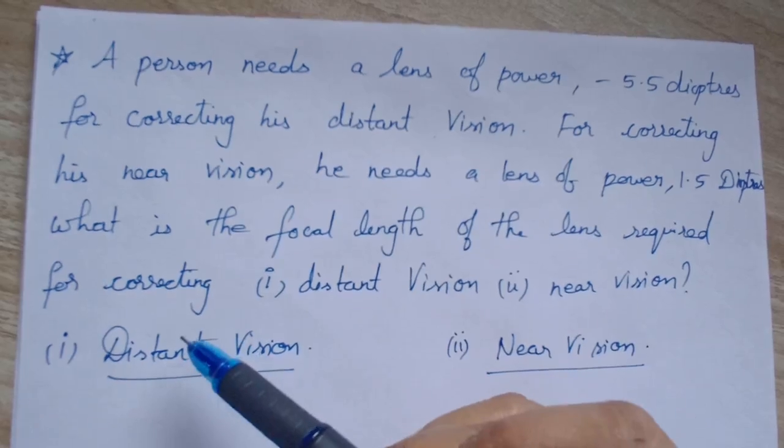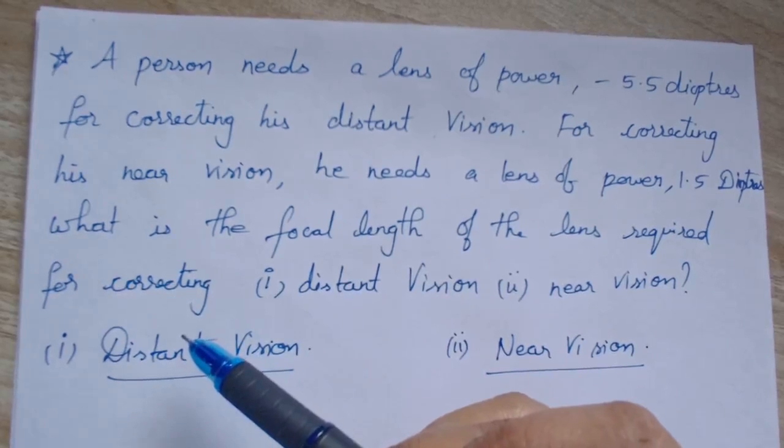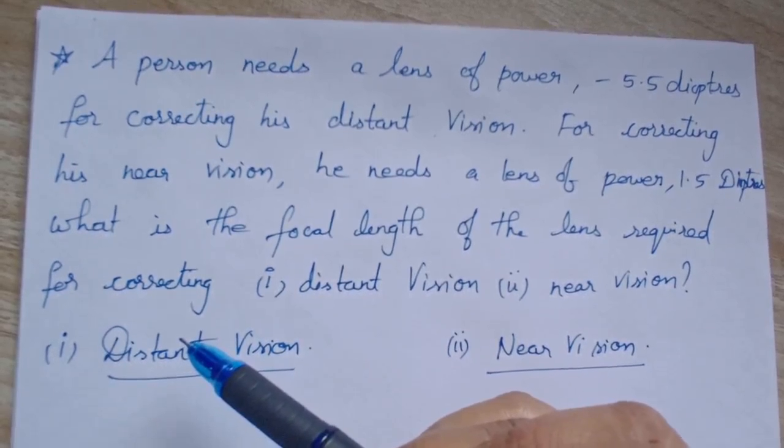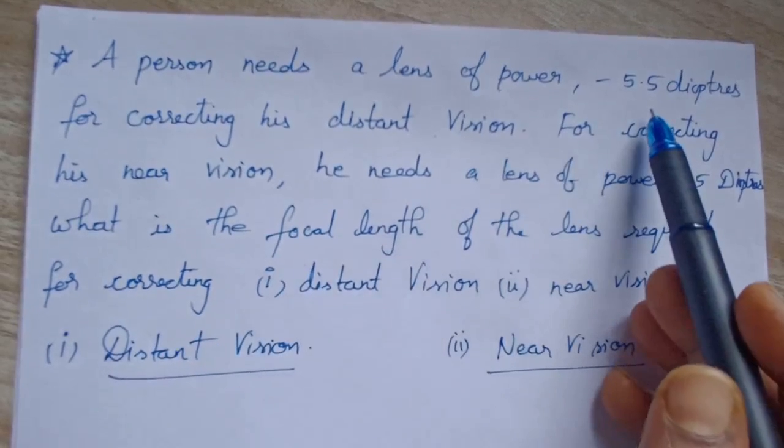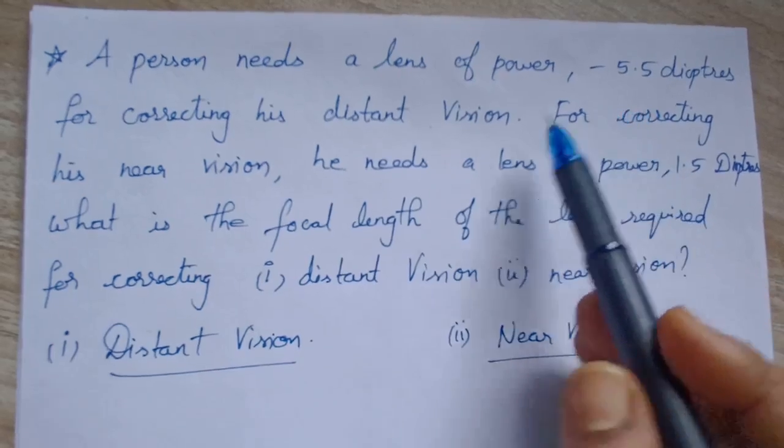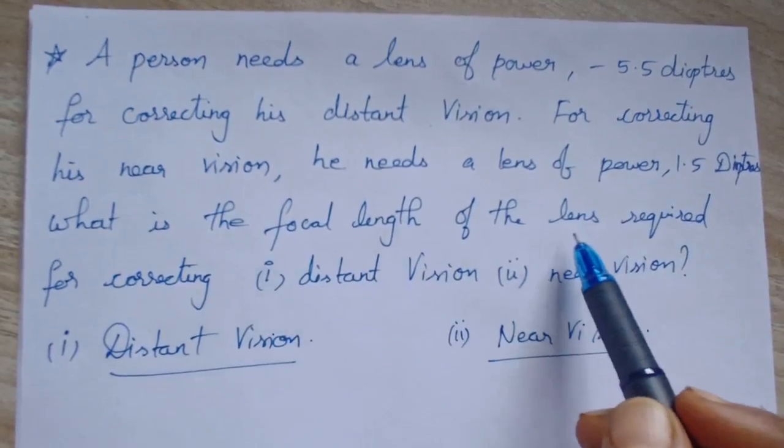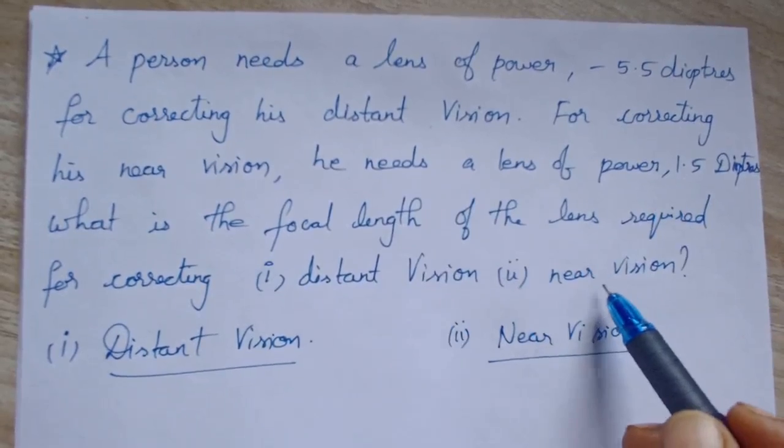In the previous two sums they asked for the power, and for that we needed the focal length. Here the power of the lens has been given directly, and we are supposed to find only the focal length of the lens required, for the distance vision and also for the near vision.